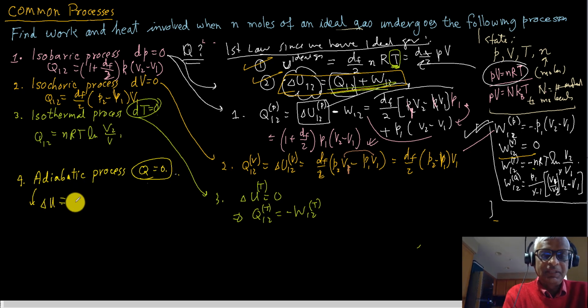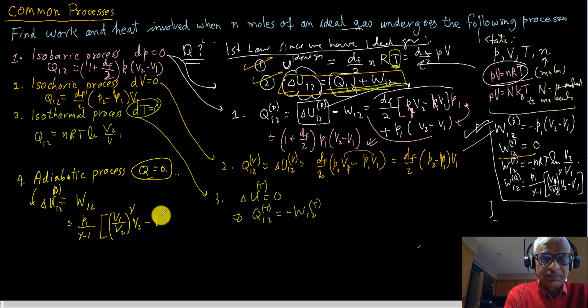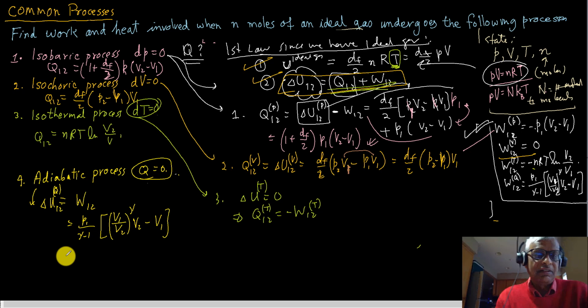Delta U for the adiabatic process simply will be W12. And W12 was found to be P1 over gamma minus 1, V1 over V2 to the power gamma, times V2 minus V1. So Q is 0, and the internal energy change is the same as the work done on the gas.